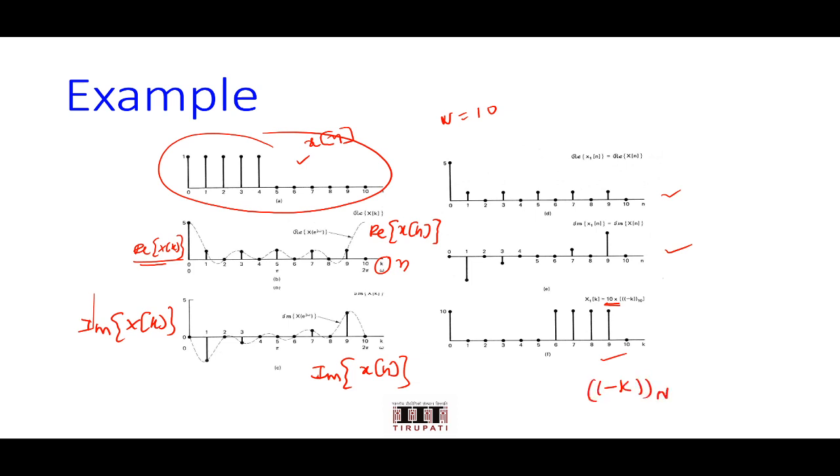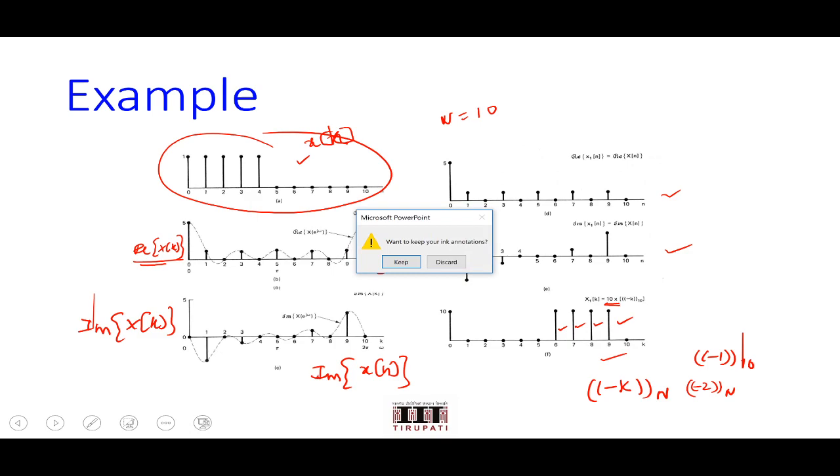So 0 will anyway be 0, 1 would go to minus 1, minus 1 modulo 10, so that's 10 minus 1, 9, so that would come here. Now 2 would go to minus 2 modulo n, that would come here, then the next one, which is at 4, would come here. So you should be able to solve such problems where you can make use of the duality property.